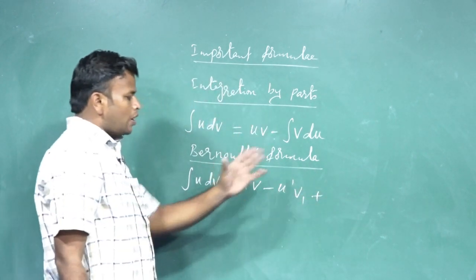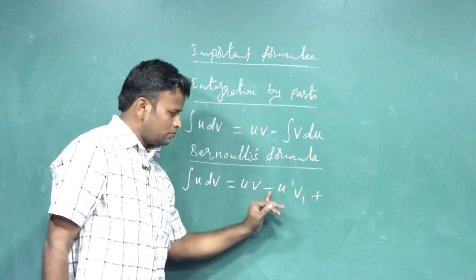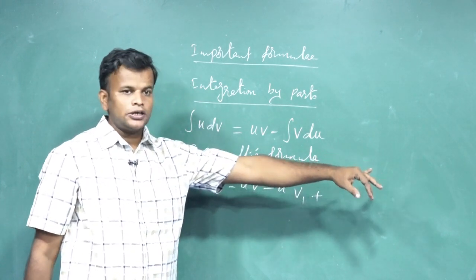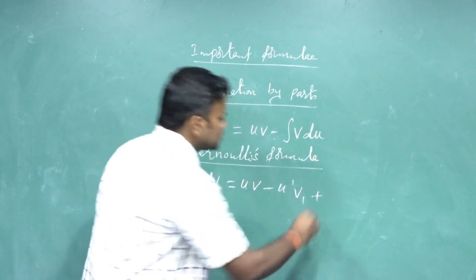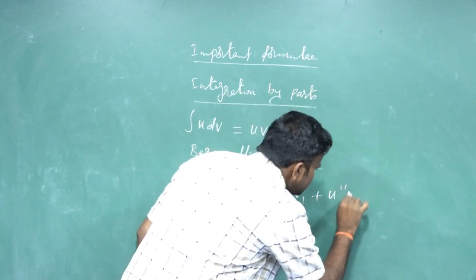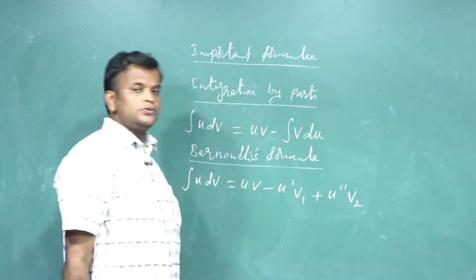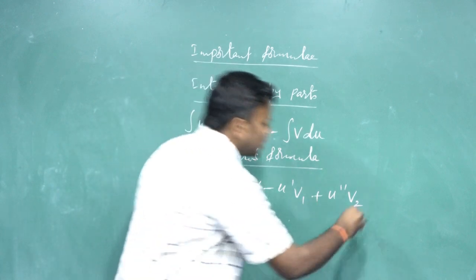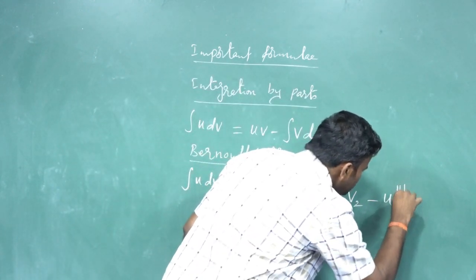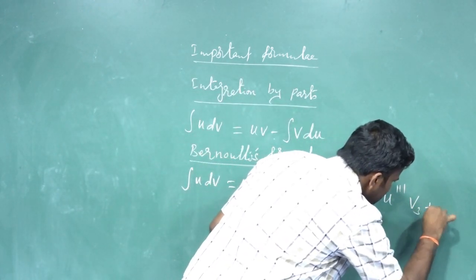The sign will go alternate, positive, then negative. Here u dash, then u double dash and v2. The next term plus, so minus u triple dash v3, etc.